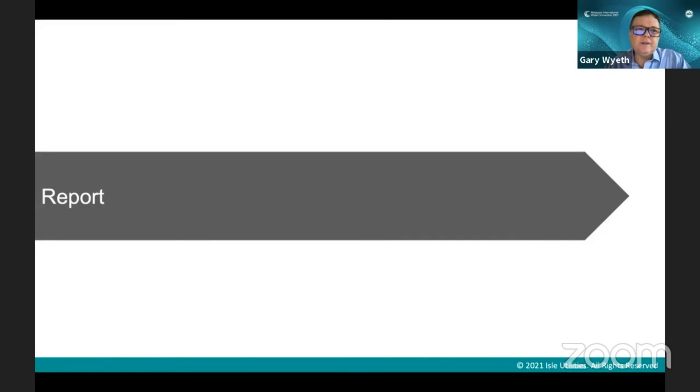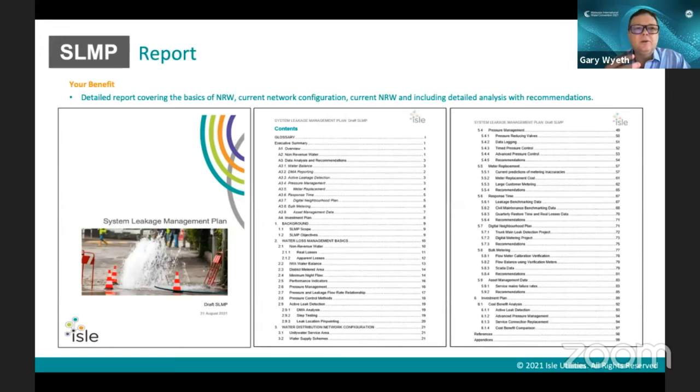So all of this analysis that we do for all of these 9 different areas, we develop a very detailed report. You can see here that this report is over 100 pages long, and it details a lot of information such as the current background of the system, the water loss management basics, and it goes through the different areas such as pressure management, all the way to the investment plan as well.